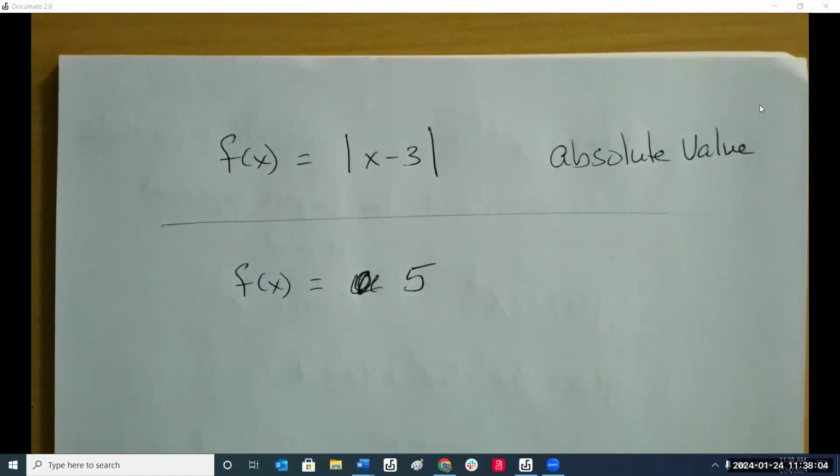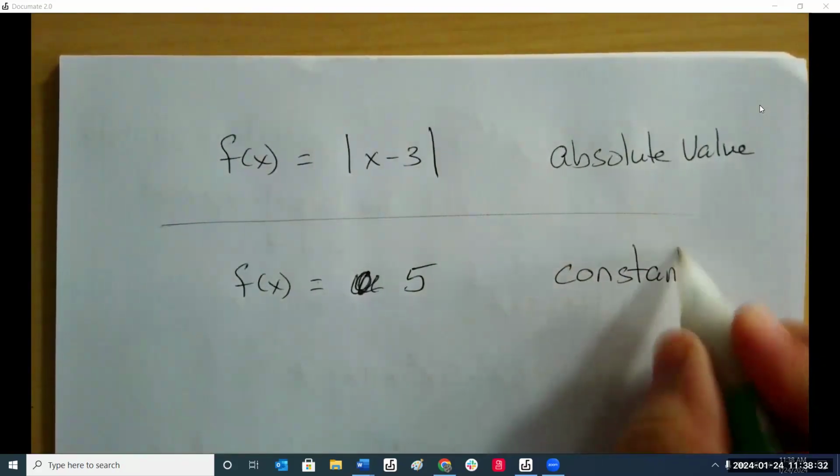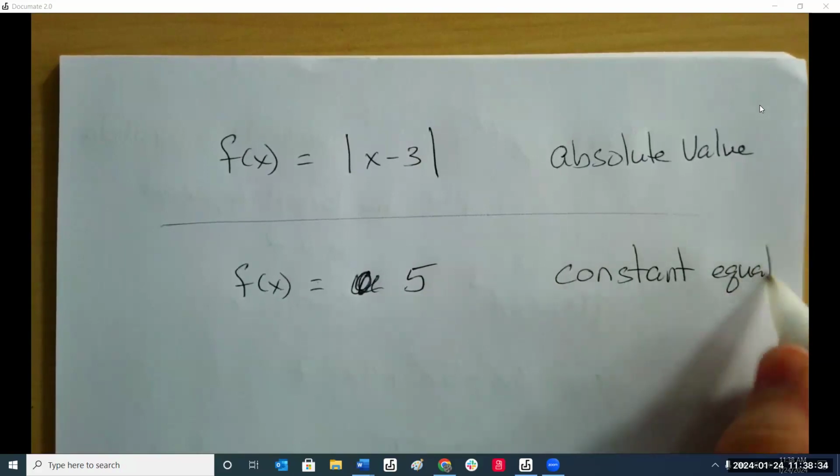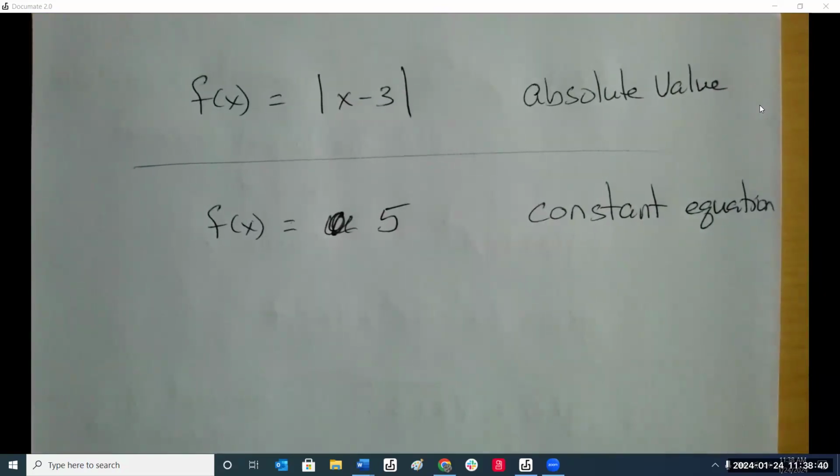What kind of equation is this? No, actually, it's not a point. This is a graph of a line. Can 5 ever change? So it remains what? If it doesn't change, it is constant. And we're going to talk about the graphs of these and domains and ranges and restrictions, all that in its due time.